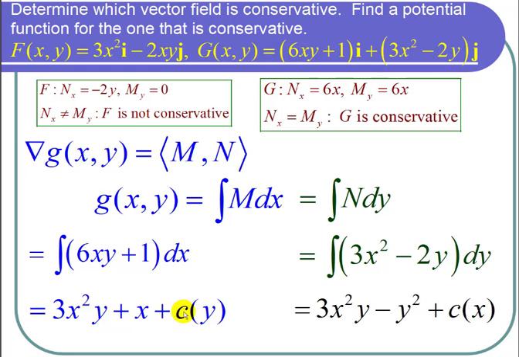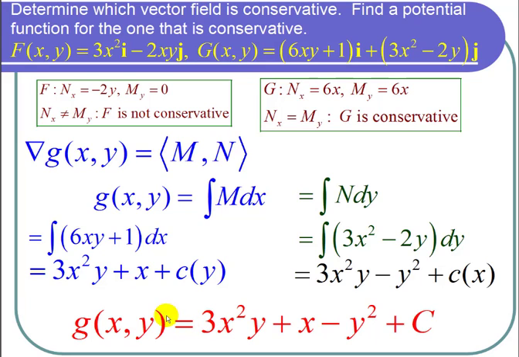So now we just match up these two functions because they're equal to each other. So here we have a 3x squared y plus x. Here we have our 3x squared y, so that's there, but this one's missing a minus y squared, so that means c of y must be equal to negative y squared, and there may be more constants that don't involve x and y.